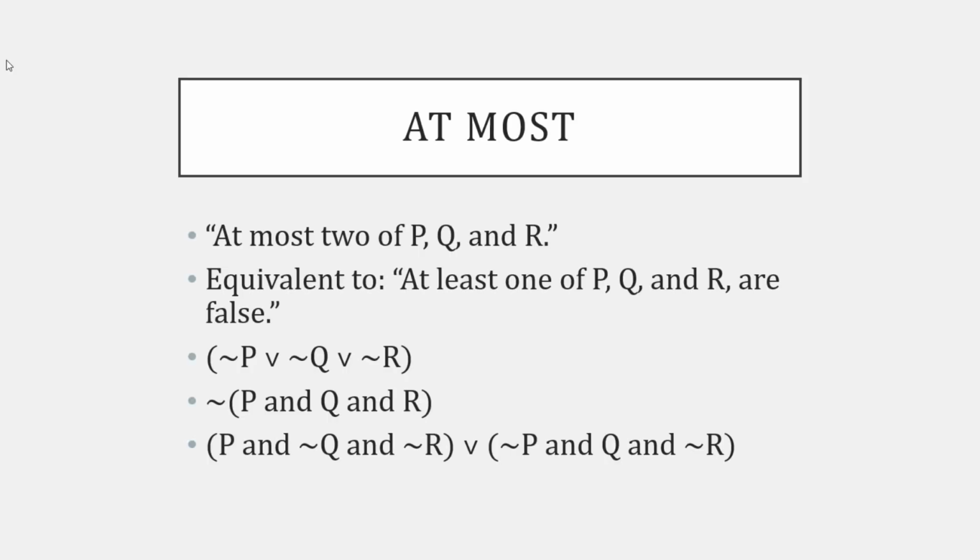And not P or not Q or not R is equivalent to not (P and Q and R). So it's just the negation of the whole thing. P and Q and R says all three are true. If we're going to say at most two, you're just ruling out the case where all three are true.